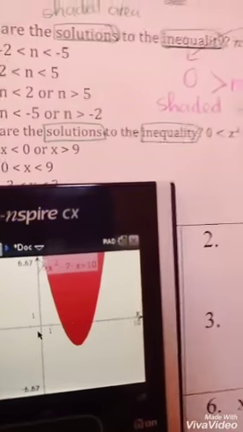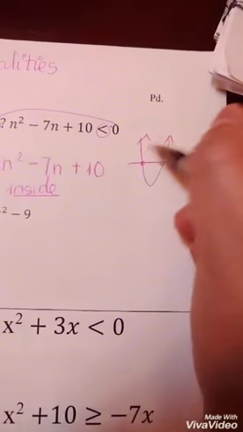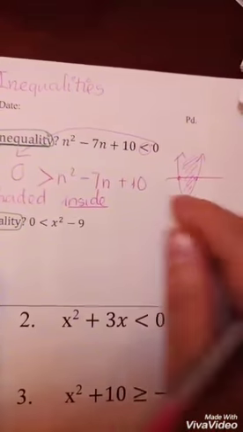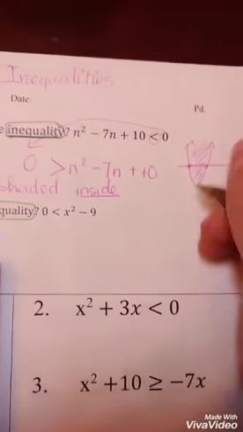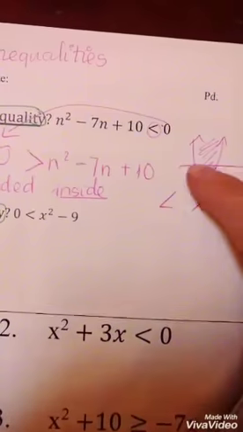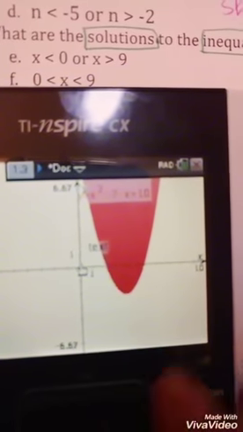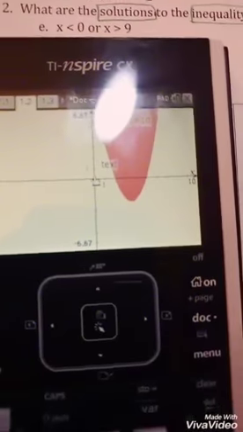So if it's shaded inside like that, we need to find the two zeros that are crossing the graph, and if it's shaded inside, then we put x inside the two zeros. Okay, so let's find those two zeros. The zero is whenever it's crossing the x axis.